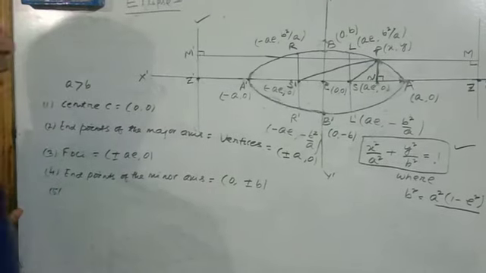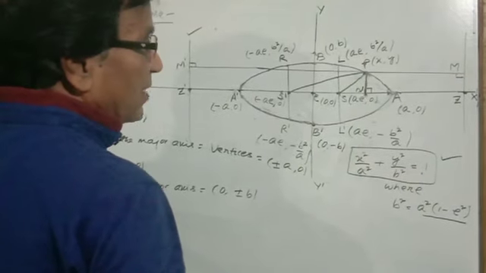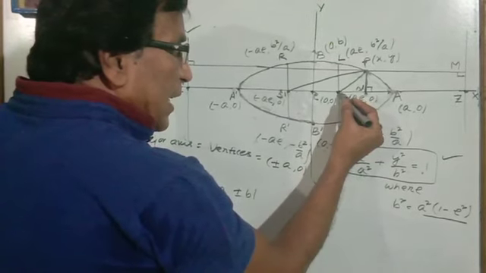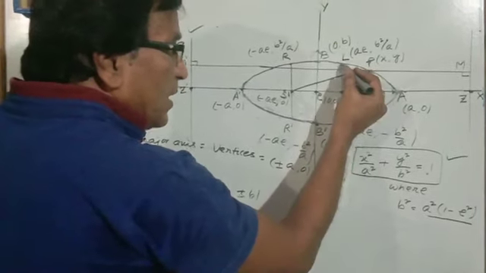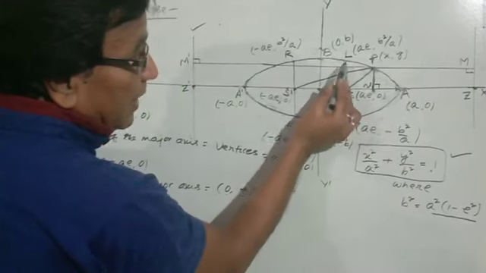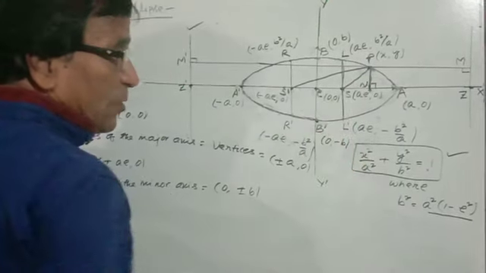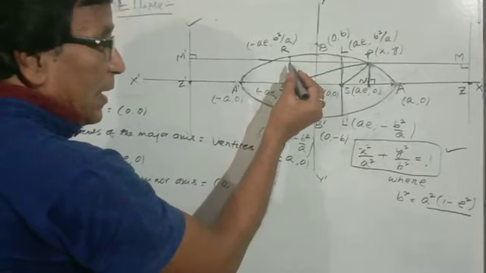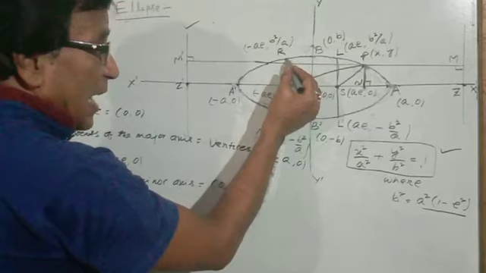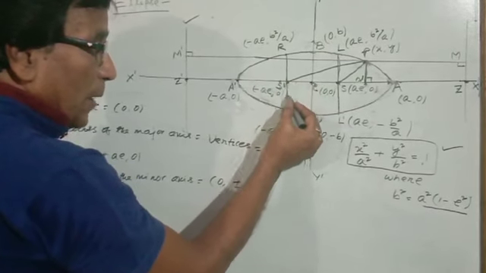Now next is your fifth point. We will find out what the latus rectum of this ellipse is. What is latus rectum? We know that it is the double ordinate passing through the focus. So LSL' is one latus rectum. Another latus rectum is RS'R'.